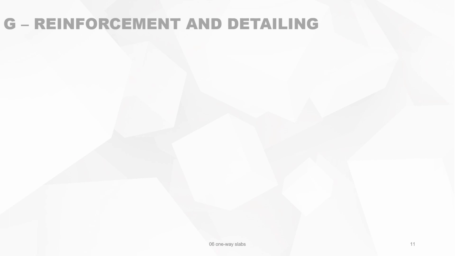We said that the secondary reinforcement is 20% of the main reinforcement. Where is that 20% coming from? Well, we can make a very basic reasoning. The bending moment in the second direction is m_y. It's equal to the stress in this direction times the bending resistance.